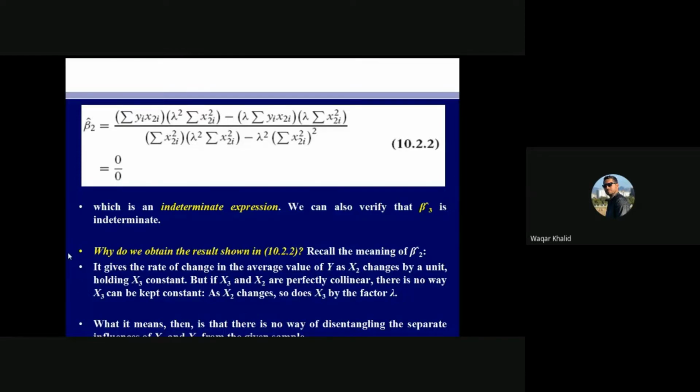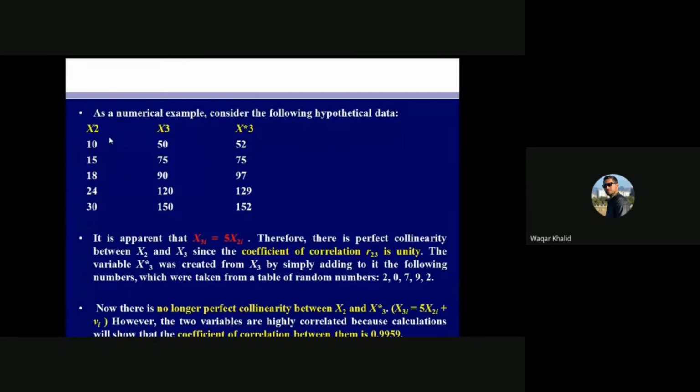This is clear. But the main issue is that with perfect multicollinearity you cannot keep x3 constant, because x2 and x3 are perfectly collinear. It means that if you change x2, you are also changing x3 by the factor lambda. We are saying that x3 is equal to 5x2.